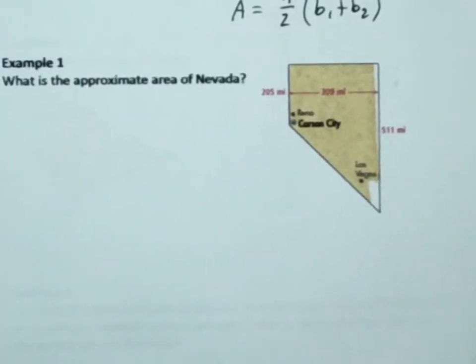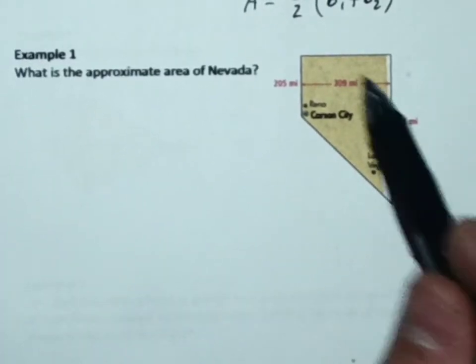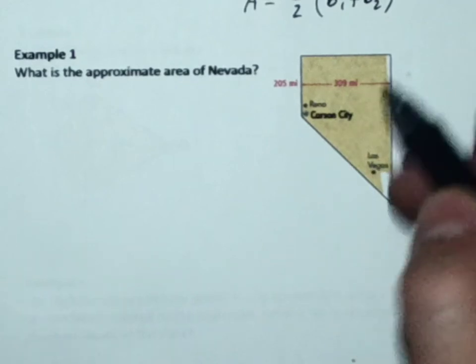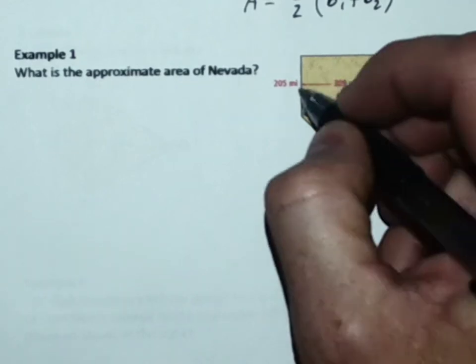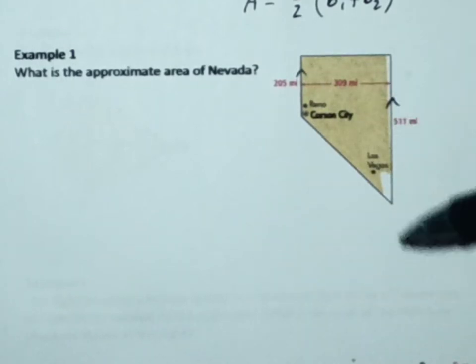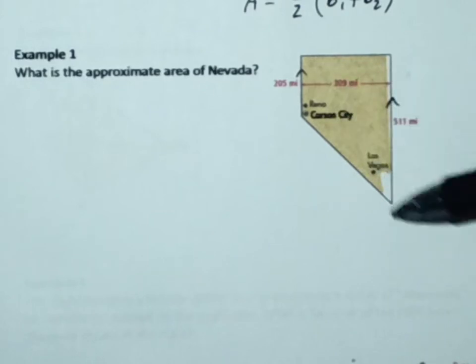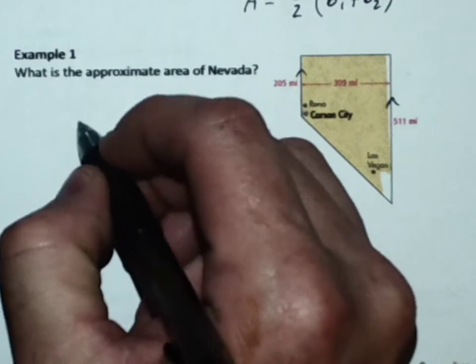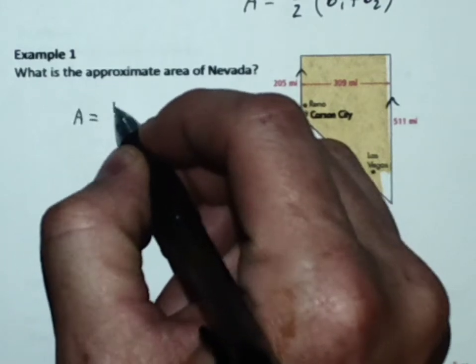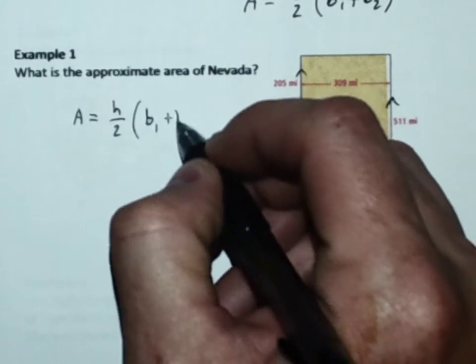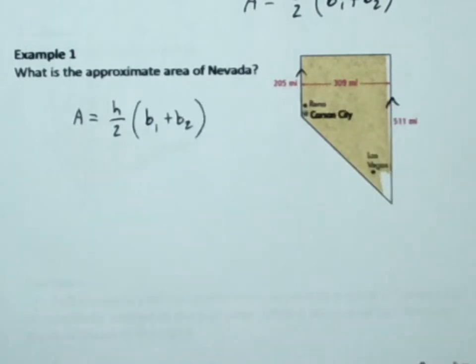So we've got a situation with Nevada. If you've ever looked at Nevada, the state of Nevada is actually a trapezoid, where this side is parallel to this side, but this side up here is not parallel to this side down here. So this is a trapezoid. So the area is going to be found by taking your height, dividing it by 2, multiplying that to your 2 bases added together.